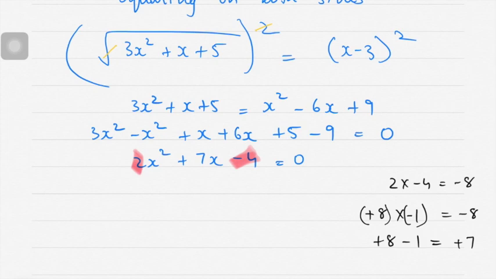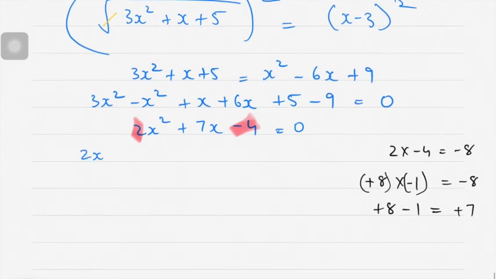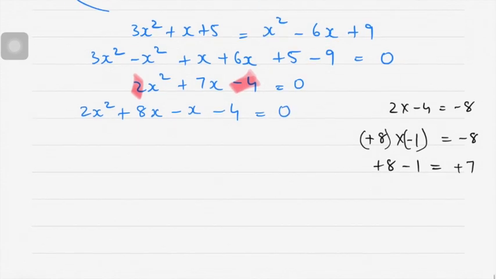So when you multiply, it is minus 8, and when you add, it is plus 7. Okay, so my factors are plus 8 and minus 1. Okay, so 2x square plus 8x minus x minus 4 is equal to 0.